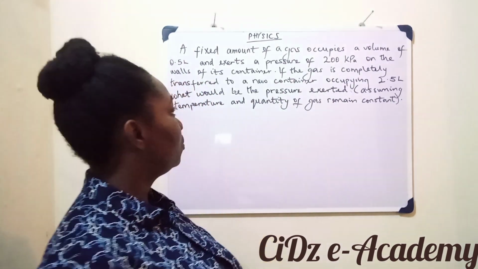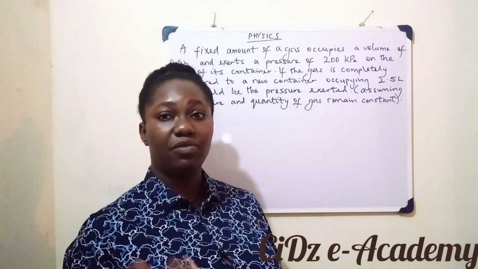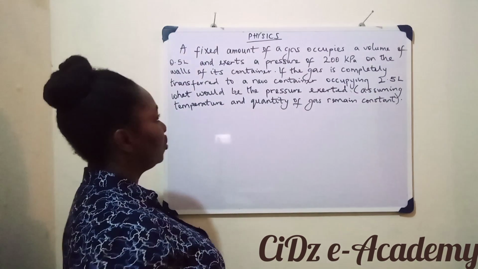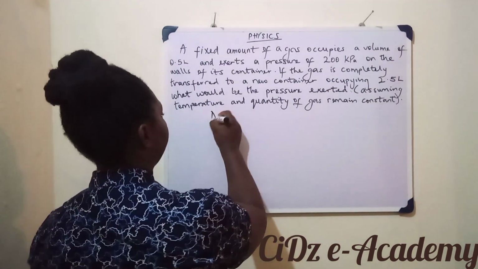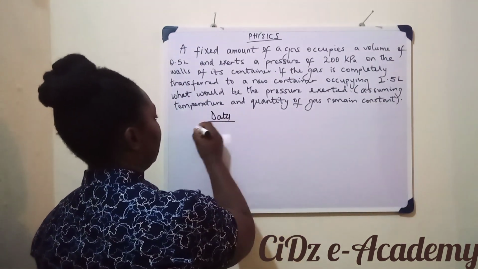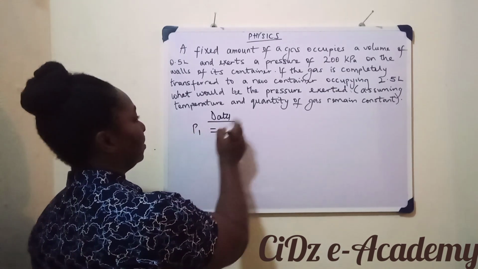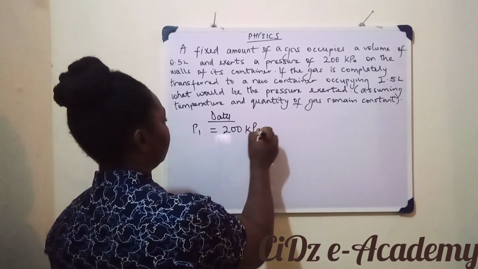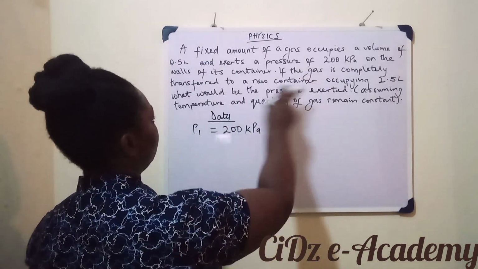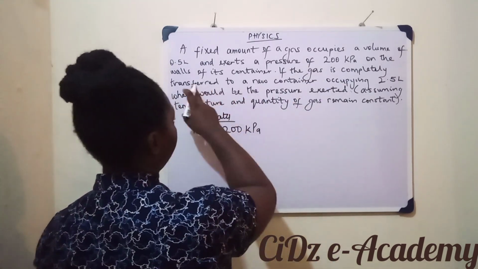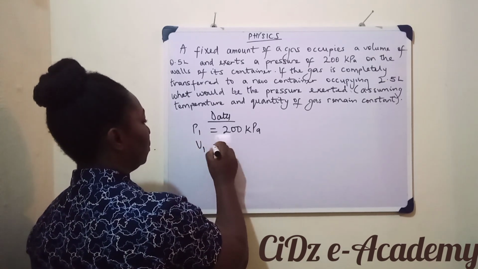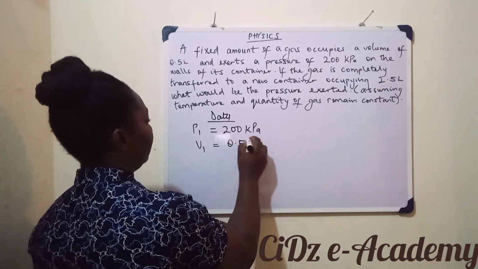Alright, the second thing you do is write out your data. We have pressure P1, which is 200 kilopascal. We're told that it was poured into a container occupying a first volume V1 of 0.5 liters.